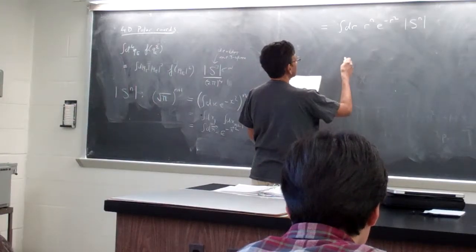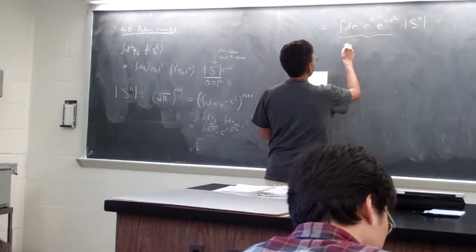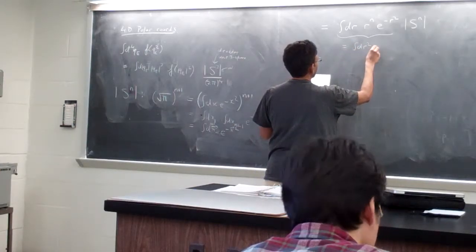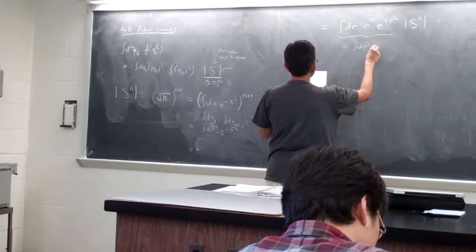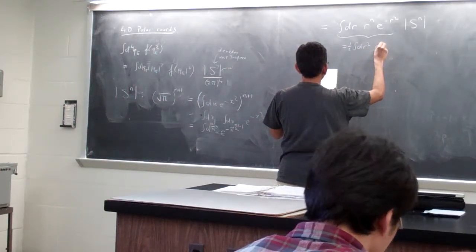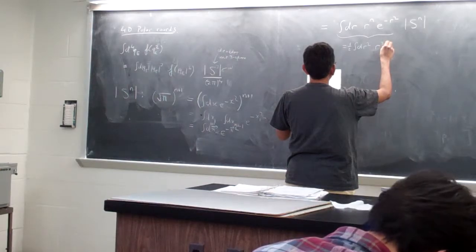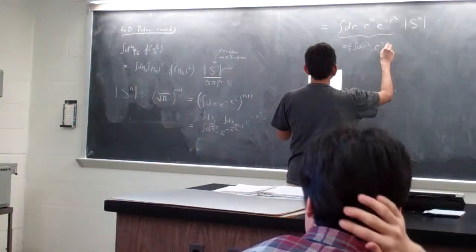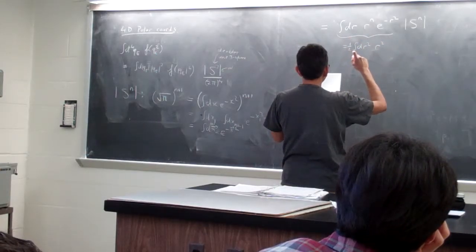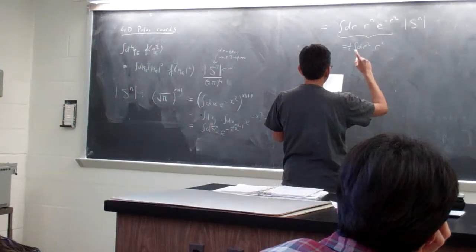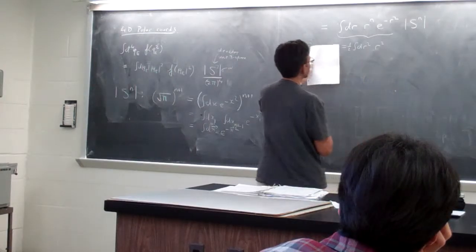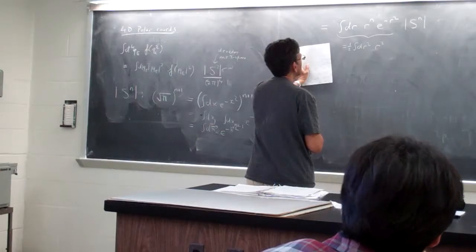Now, this, you can write it as e to the minus r squared, with r squared to the power of a half. This is correct.